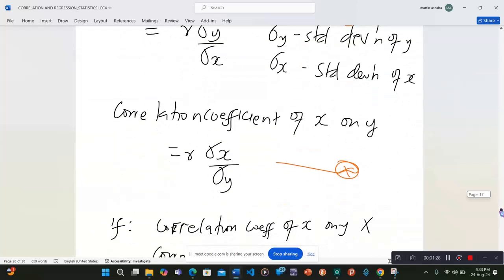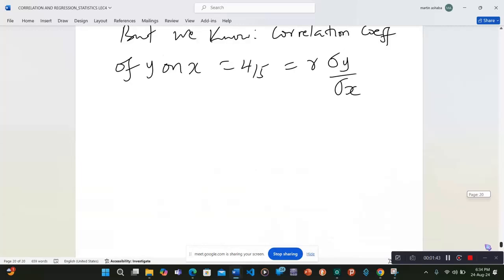The correlation coefficient of x, which is the same as the slopes of those lines when rearranged, so for x on y is equal to r sigma x over sigma y. But we have already determined r. So we need to get sigma y because sigma x is given. Therefore, 4 out of 5 is equal to 0.6 times sigma y divided by 3.